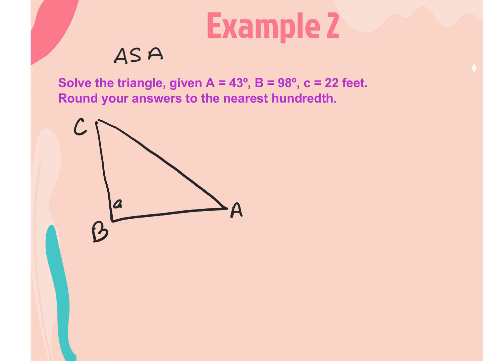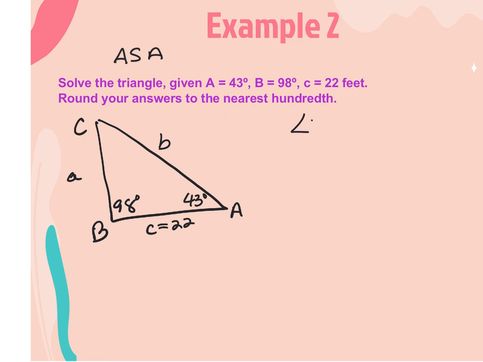So this is 98. It was given to me. A was 43. And little c is 22. So this is little a, little b. It's very important that you label your triangle appropriately. So now I need to find my missing angle first.